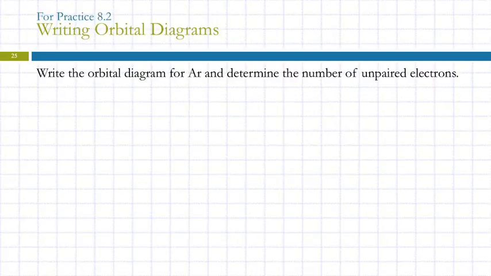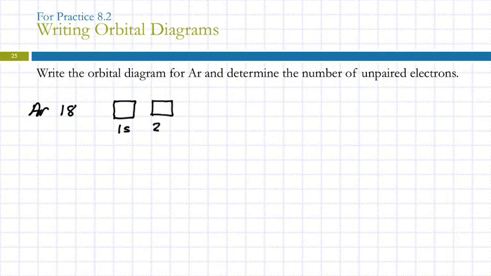So let's draw an orbital diagram for argon and determine the number of unpaired electrons. Well, how many electrons does argon have? 18. Right, so I'm doing this for argon. It's got 18 electrons. So I'm going to start out by just drawing some beds in my hotel. On the first floor, I've got the 1s room.